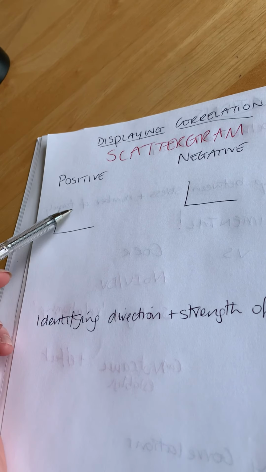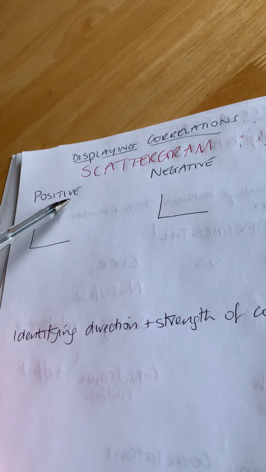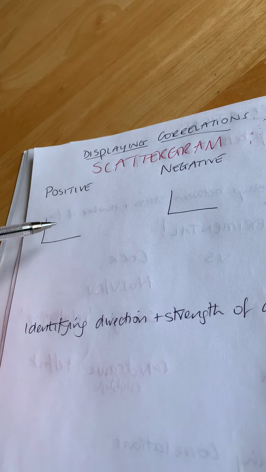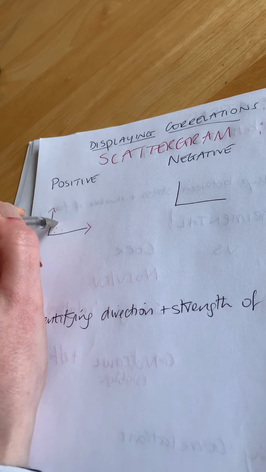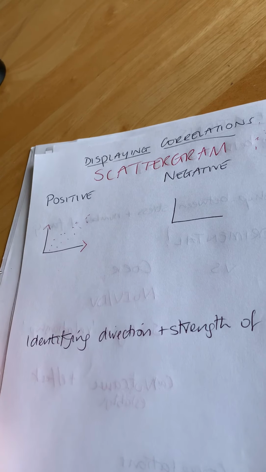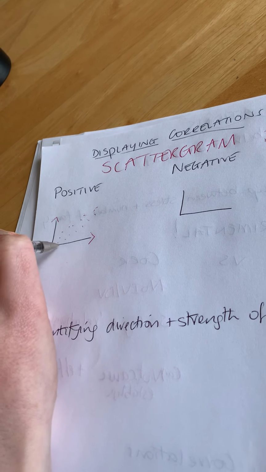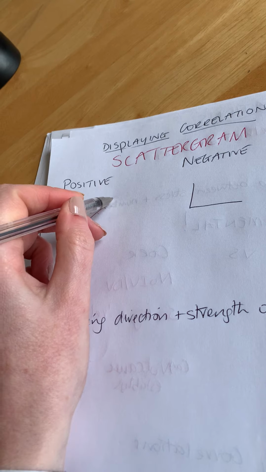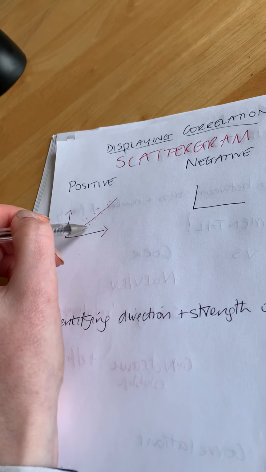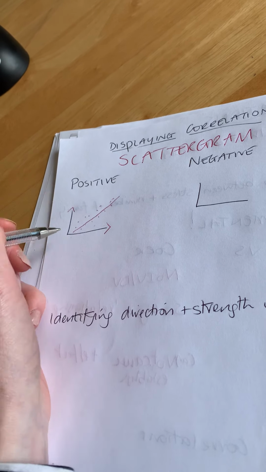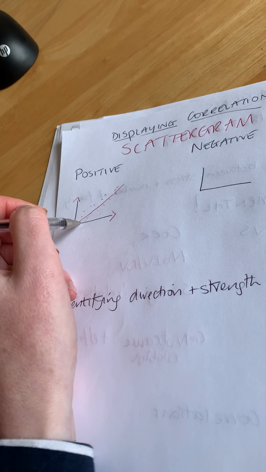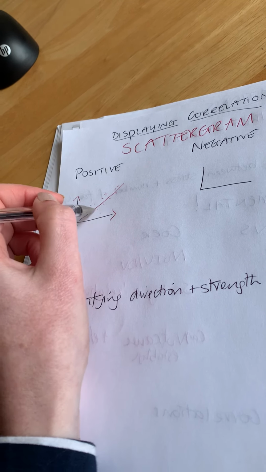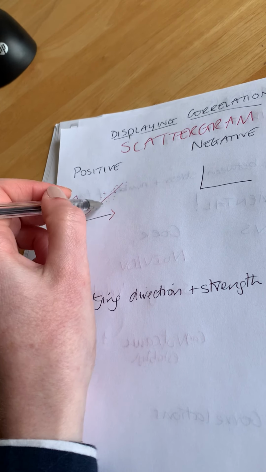If we were going to visually display a positive correlation, remember, as one variable increases, so does the other, it would look something like that. You can draw a line of best fit, and then you can clearly work out, right, that's a positive correlation. You don't have to do the line of best fit. If it's a positive correlation, you should generally see that trend.